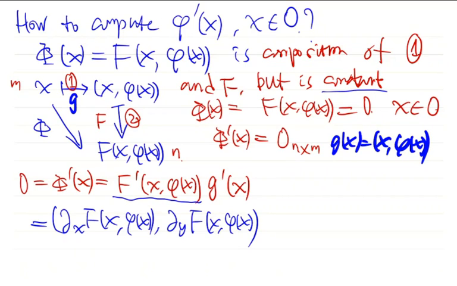And the derivative of g, because g(x) is (x, phi(x)), is easy to compute: it is the identity matrix and then the derivative of phi here.